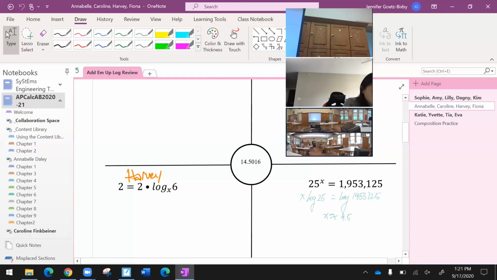Oh, just solve it with log. Because then the x goes in front of the log, so it's x log 25 equals log. And I still have one. So then equals log that. Yeah, and then you solve it by log 5. Solve it with your calculator.